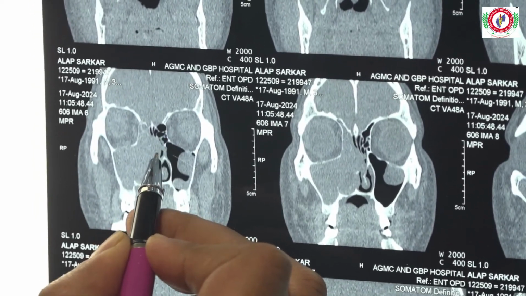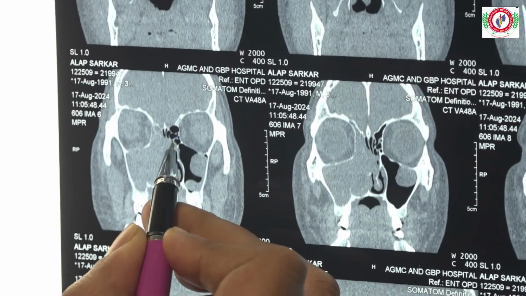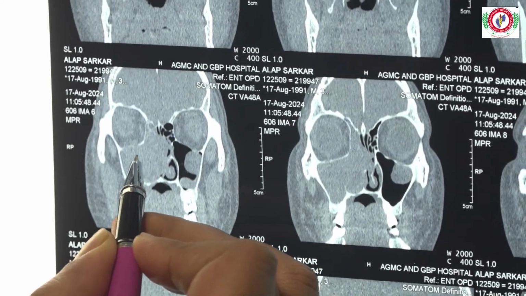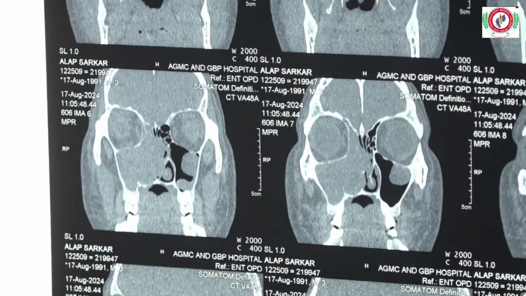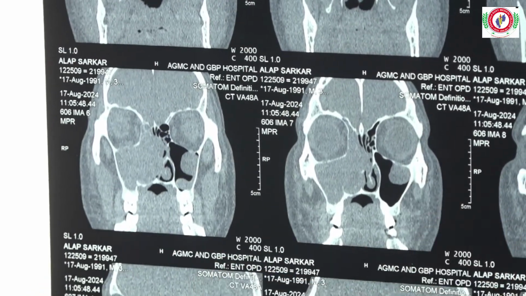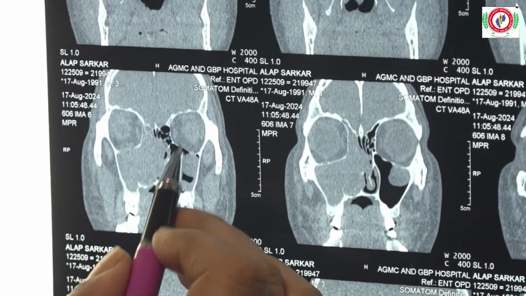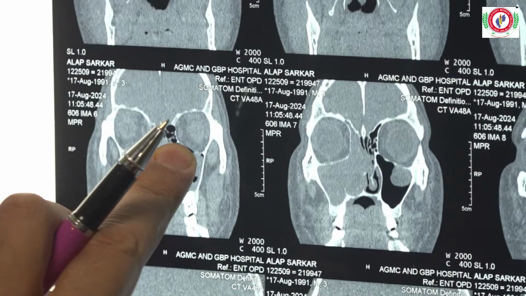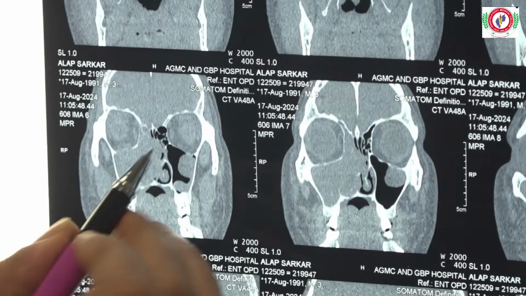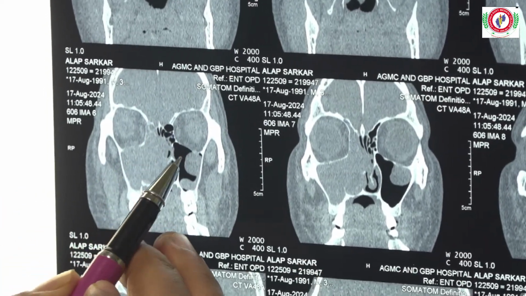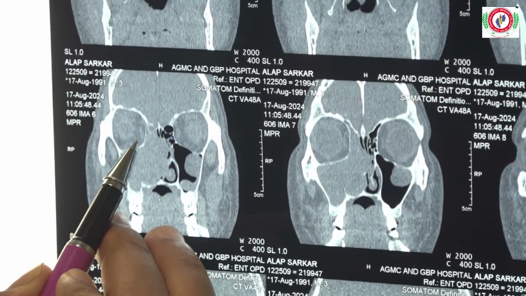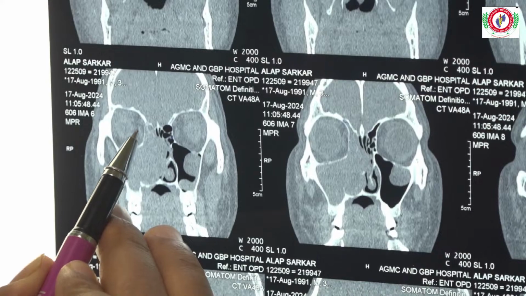Okay, so then we come to this picture. To me that is the area of the ground lamella. You can see on the left side there is some structure that is attaching to the lamina papyracea, so that can be the ground lamella. From this cut posteriorly you may have posterior ethmoid air cells.